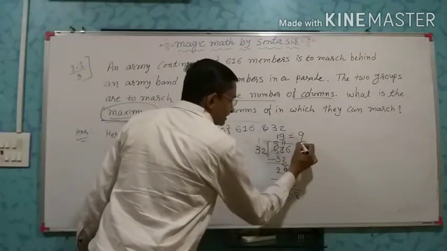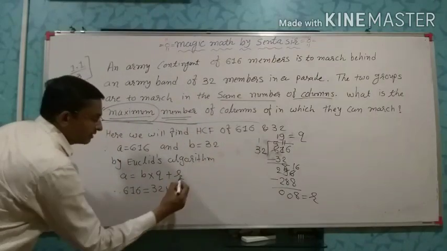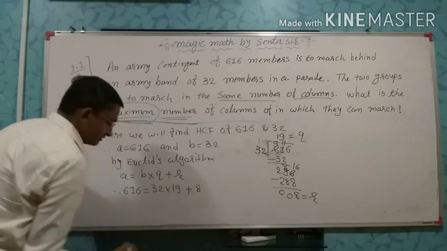So quotient is 19 and remainder is 8. 19 is quotient plus remainder is 8.